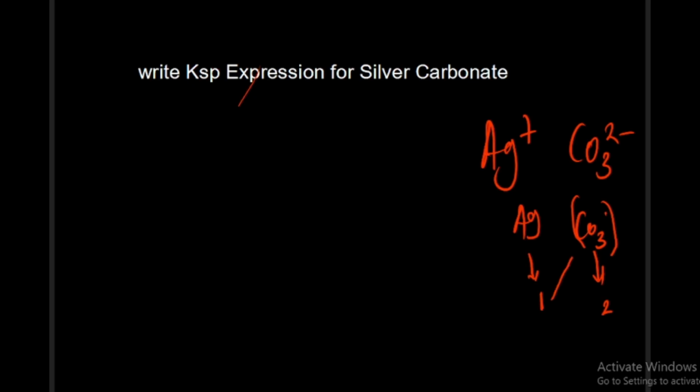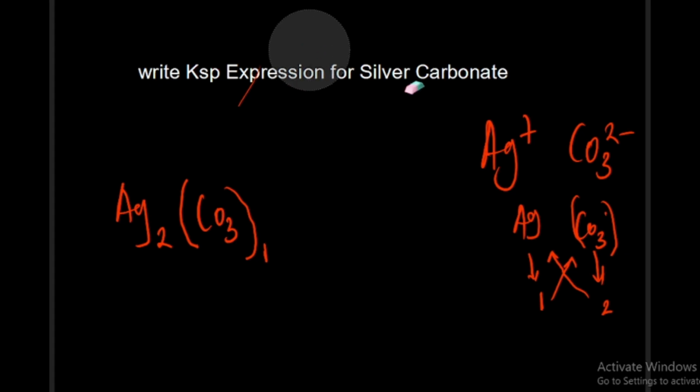So if you bring this one here and you bring this one here, it's going to be Ag2, then CO3, you put 1 here. But there's no point of putting the 1, so let us leave it like that. So it's going to be Ag2CO3.